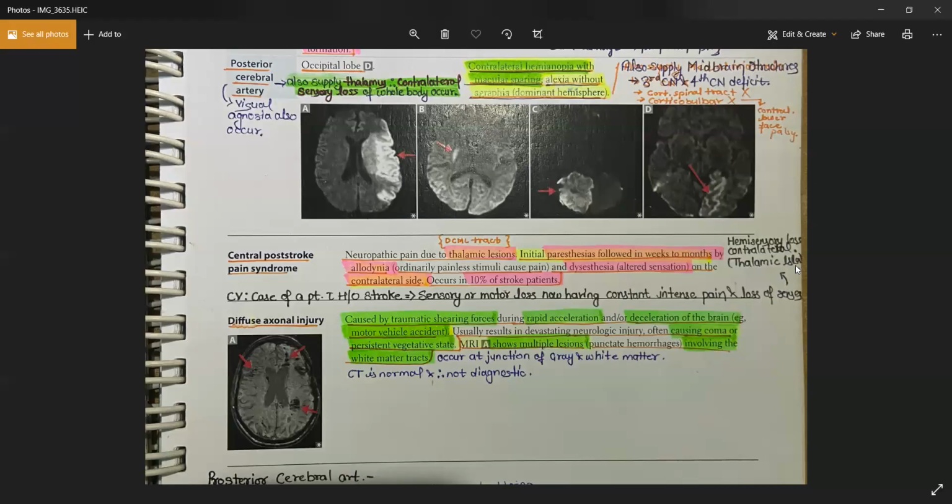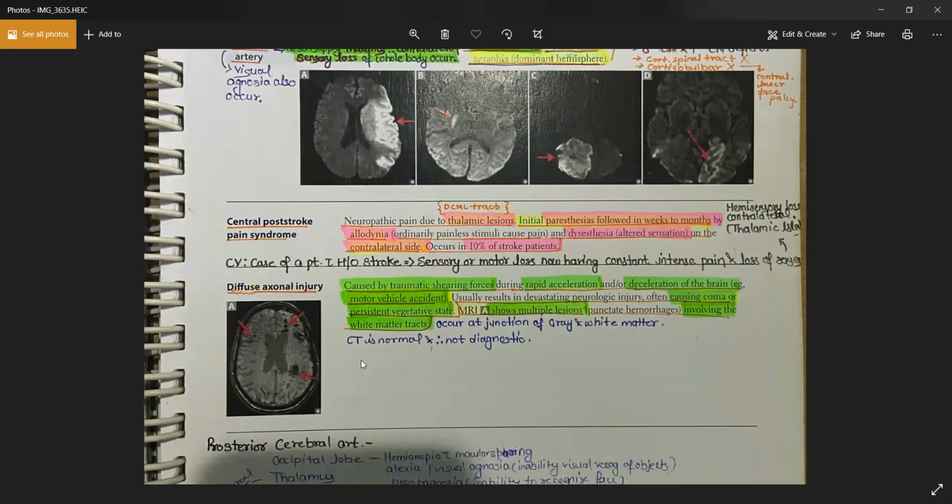Because the thalamus is involved in this disorder, you will have a complete sensory loss of one part of the body. It could be a patient who had a sensory loss of a limb before, but now has a complete loss of senses of one side of the body along with the pain. And you know that the patient has central post-stroke pain syndrome. Is that okay? Yes, so this is the central pain syndrome.